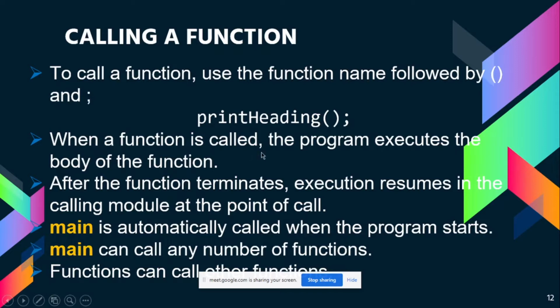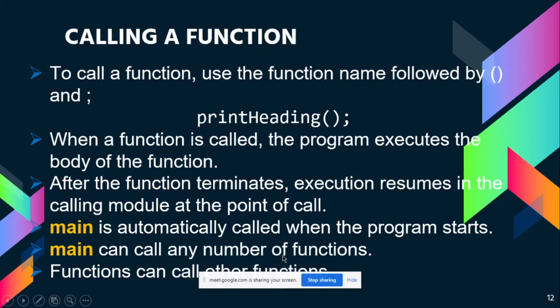When a function is called, the program executes the body of the function. After the function terminates, the execution resumes in the calling module at the point of call. Main is automatically called when the program starts. So when we run the program, whatever is in the body of the main function will appear on our screen. The same goes for other functions: until you call them inside the main function, they will not appear.